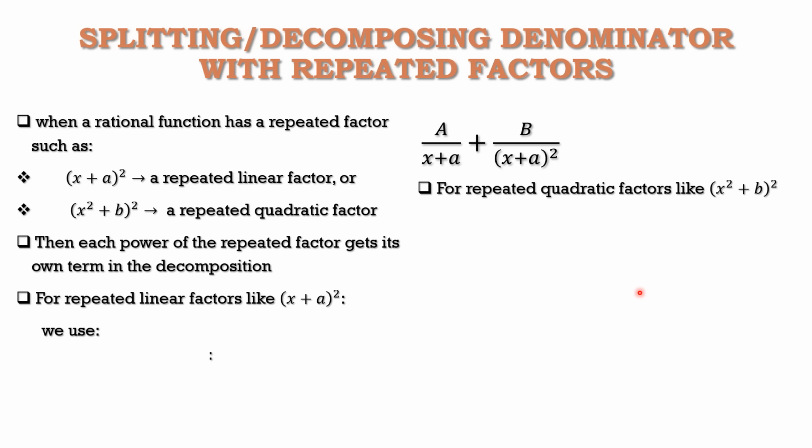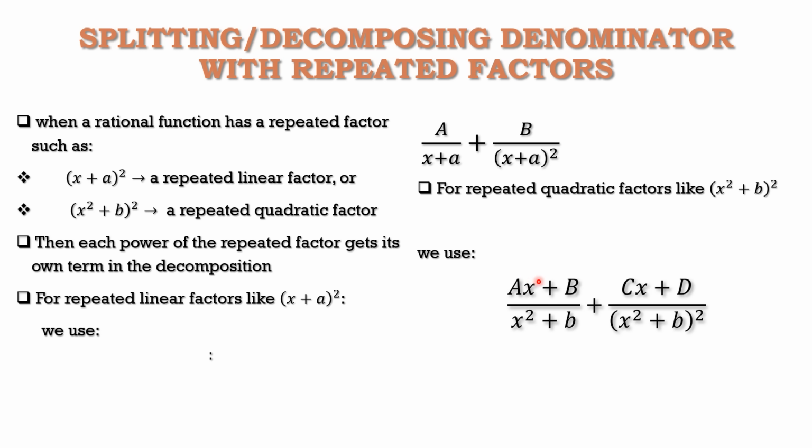Now, for a repeated quadratic factor like this, ask yourself this question: what format of expression do we use to separate a quadratic factor? We use linear. So here, I'm going to use the linear expression Ax + B to separate the quadratic factor (x² + b) power 1, plus another linear factor Cx + D divided by (x² + b) power 2.